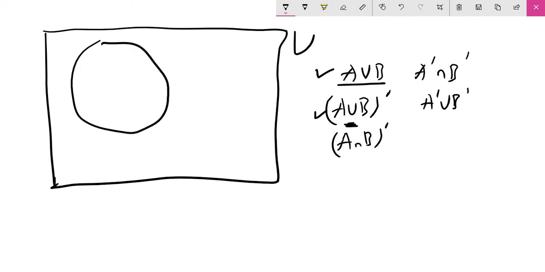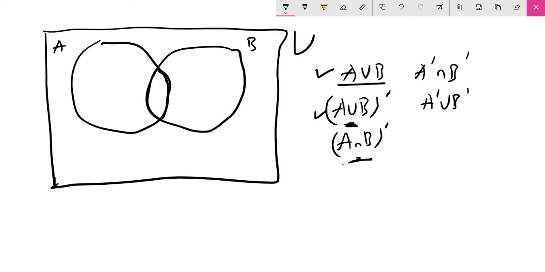We have A and we have B. Now again, A intersection B complement. Let's use dots to show A intersection B. A intersection B will be the area where A and B overlap. So that is this region.